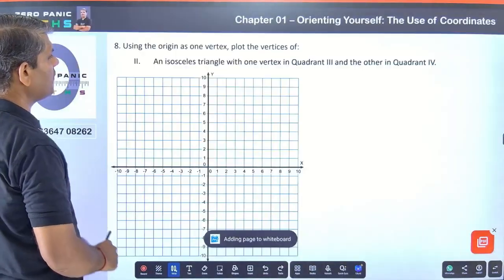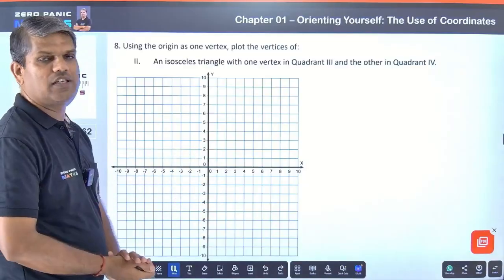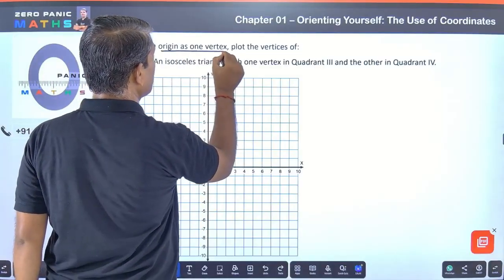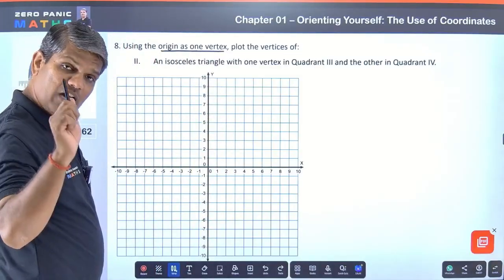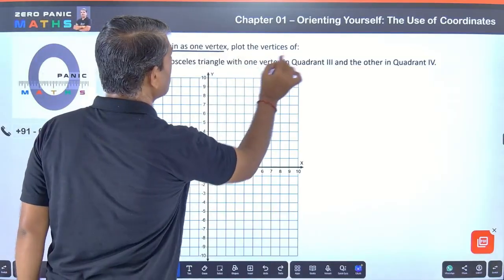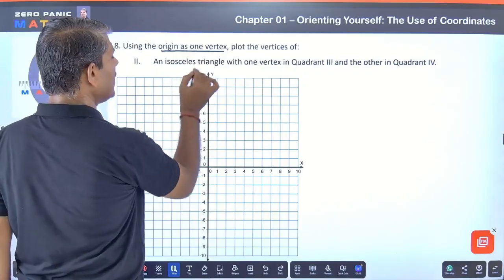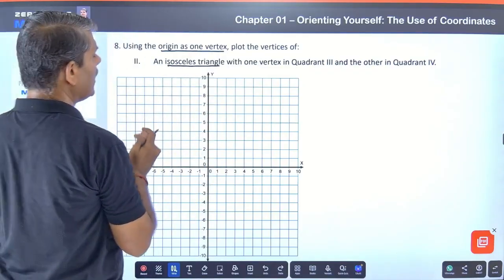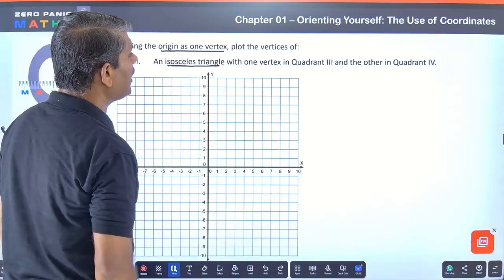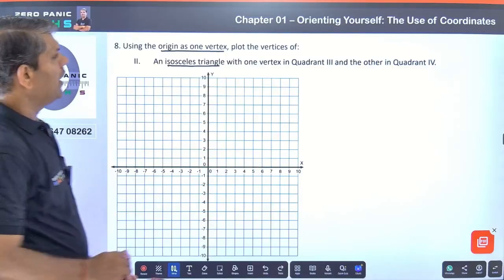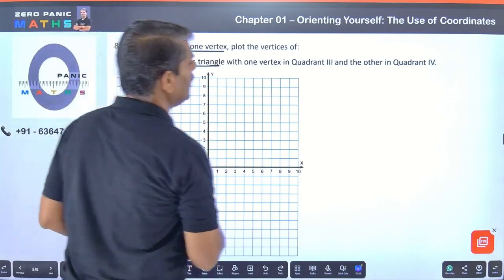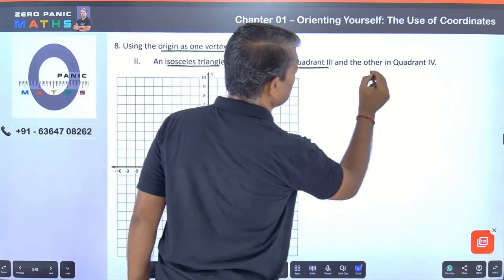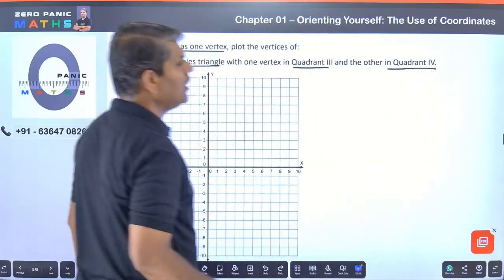So for the second part, there is a small difference here also. You are using origin as one of the vertices only. You are going to plot an isosceles triangle again, listen to me carefully, but with one vertex in quadrant 3 and the other vertex in quadrant 4.